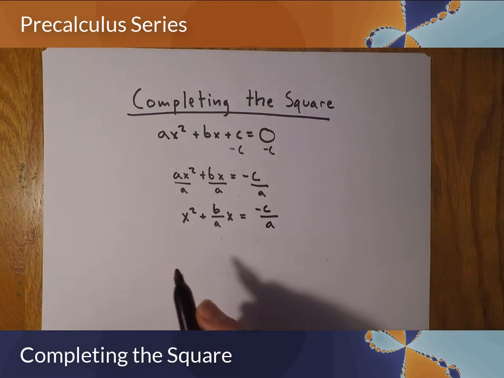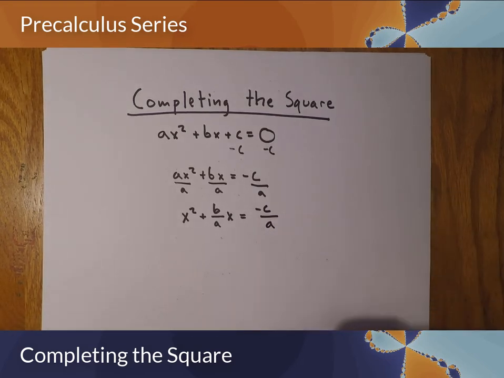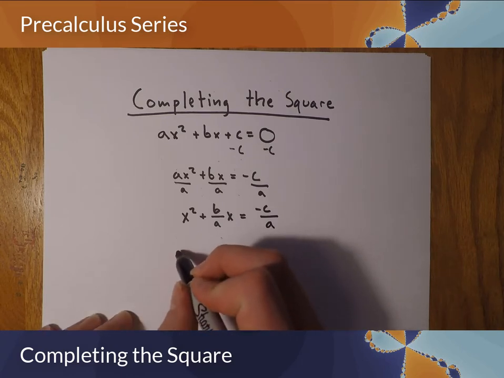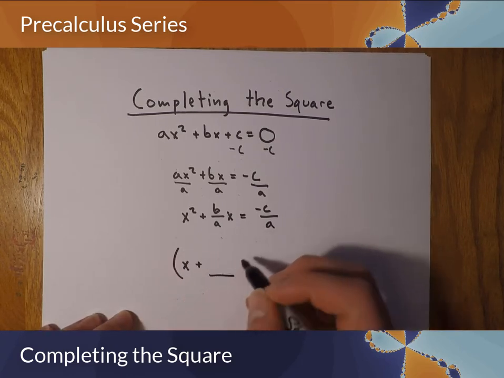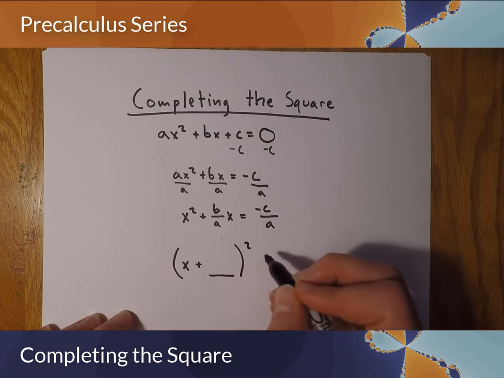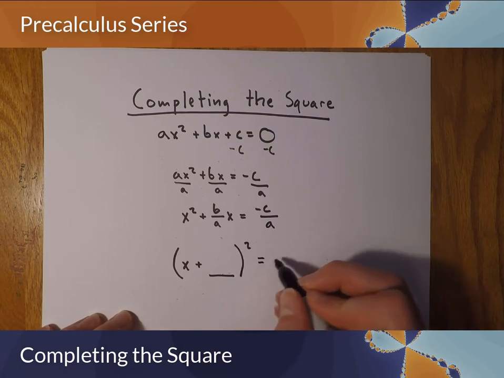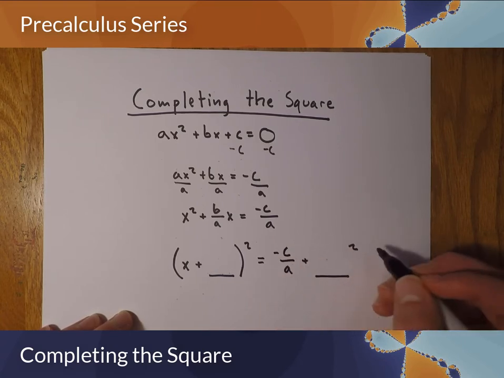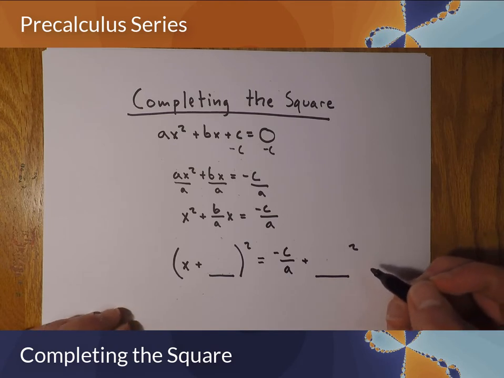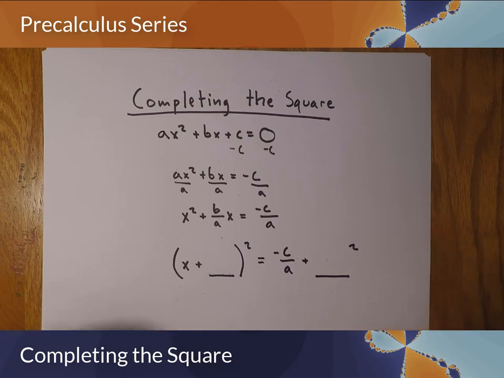Now that we have it looking like this, the essence of completing the square is we want to write this as x plus some term, squared, equal to negative c over a plus that term squared. And you're probably wondering, how do we get that term?